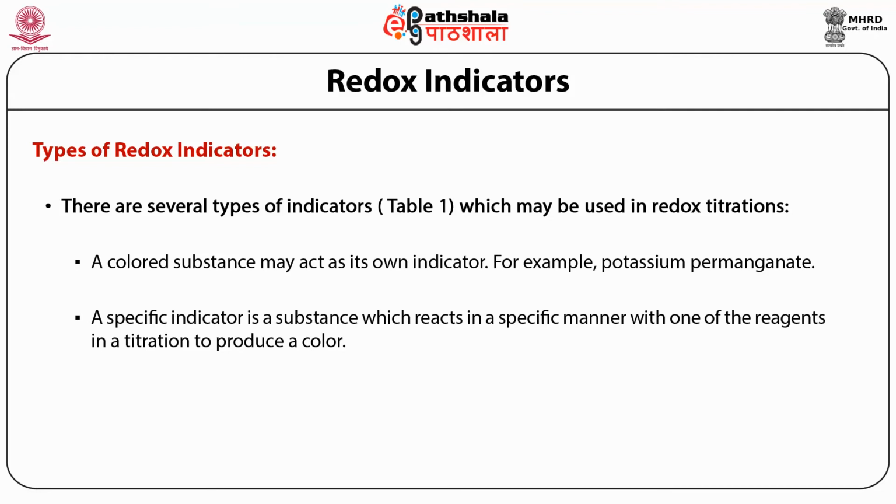A specific indicator is a substance which reacts in a specific manner with one of the reagents in a titration to produce a color. Examples are starch, which forms a deep blue color with iodine, and thiocyanate ion, which forms a red color with iron 3 plus ion.